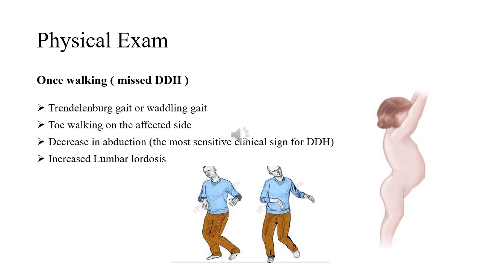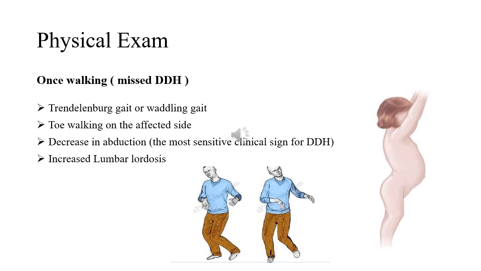So if you notice that the abduction is less on one side, that is a very important sign of DDH. To carry on, there are many other physical examination signs for DDH. For late presenters, or the ones that present after walking age, which should not happen, you can get problems with gait. The most common gait is the Trendelenburg gait.